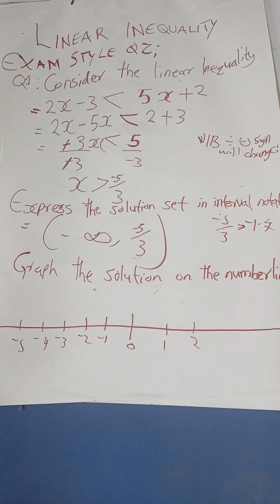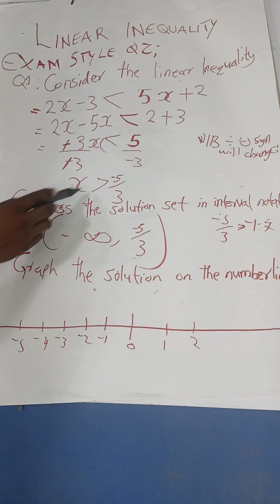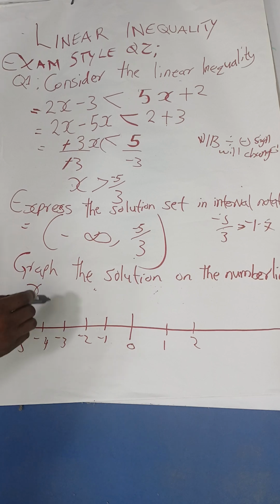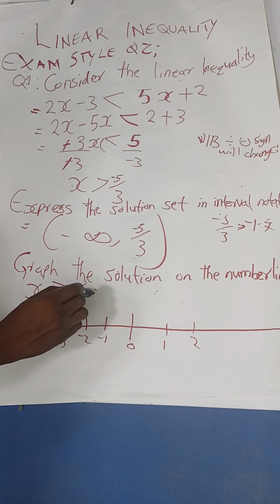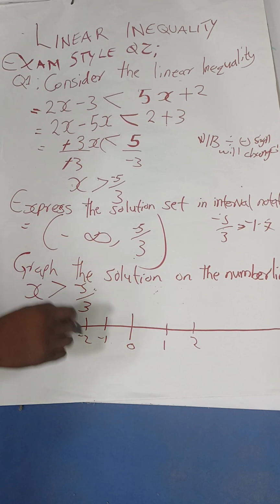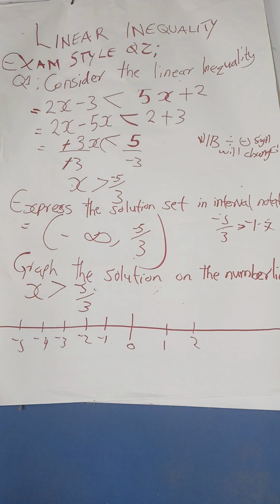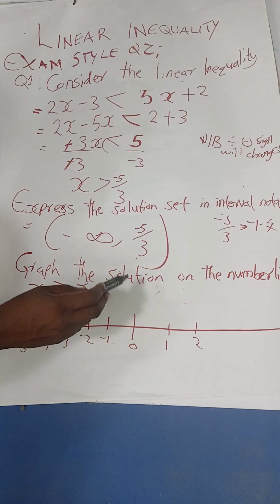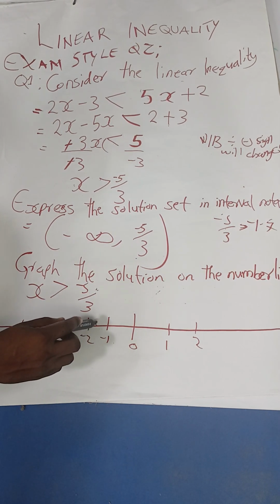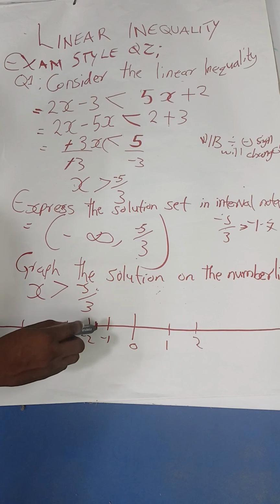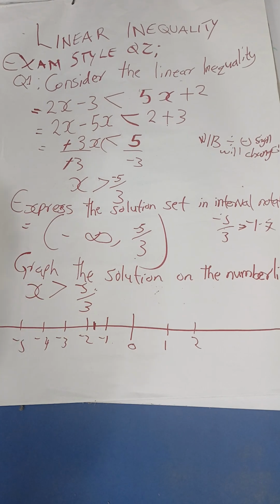So -1.7. On this number line, we want to show that we are expressing this one. To express that on the number line, -1.7 can be somewhere here.